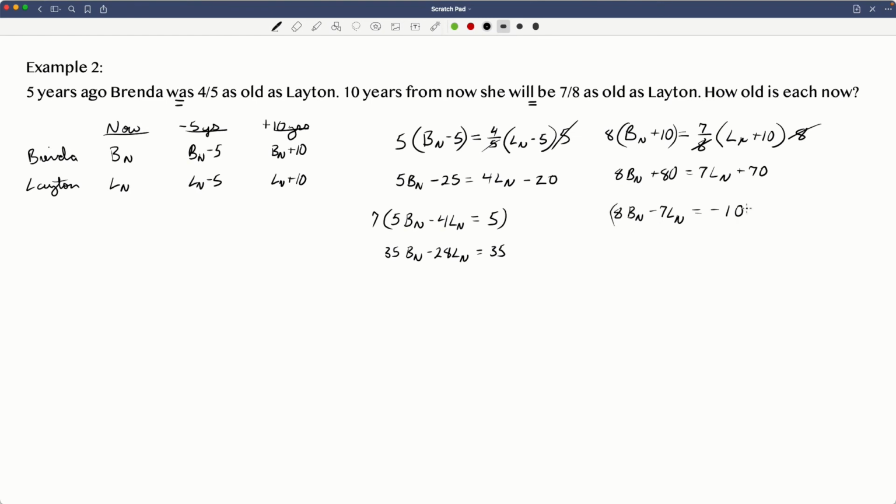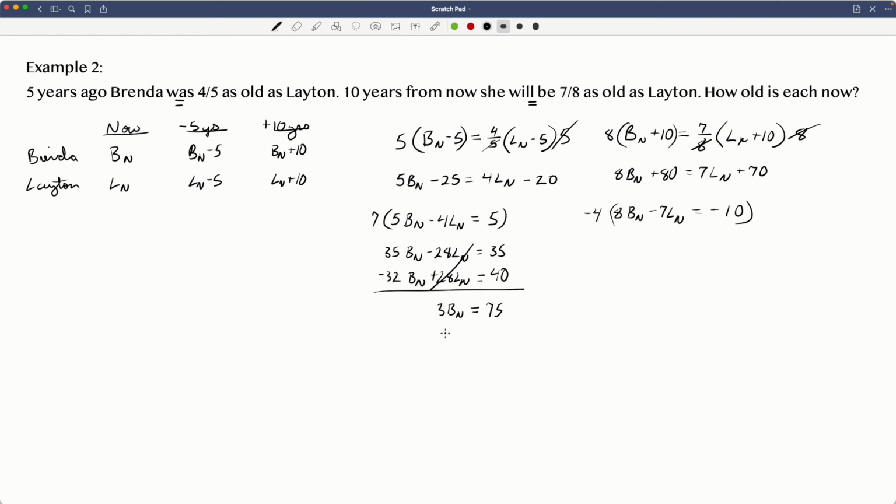And I'm going to use a negative 4 here. I'm just going to go ahead and write it here. So it's going to be negative 32BN plus 28LN equals a positive 40. So this is going to cancel. I have 3BN is equal to 75.